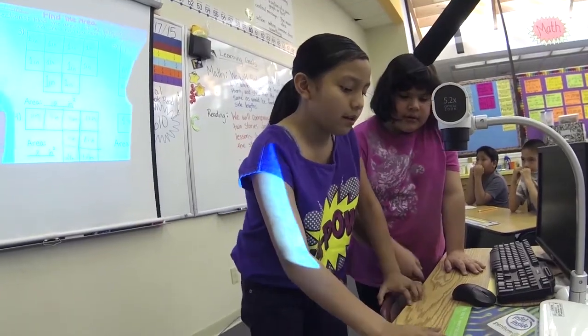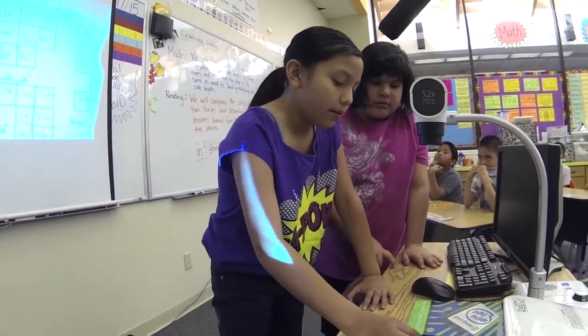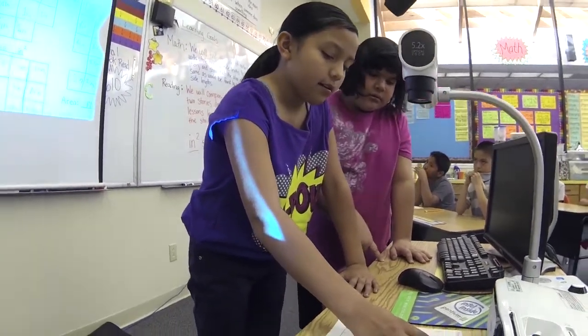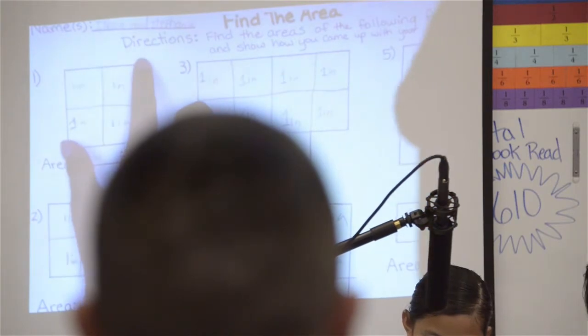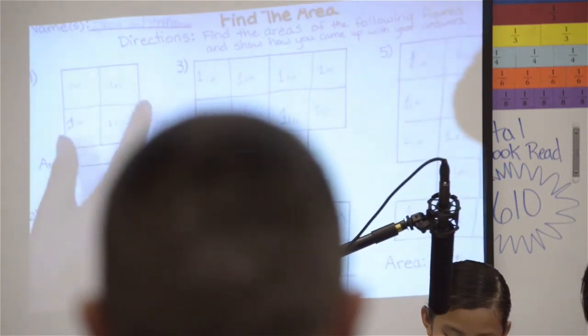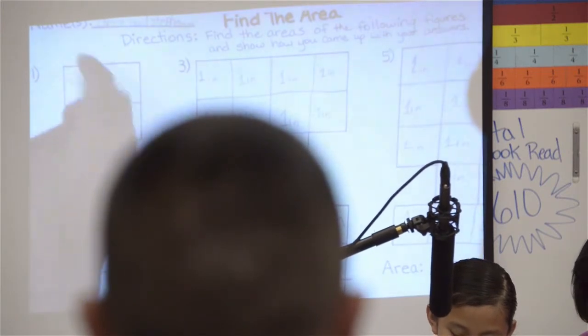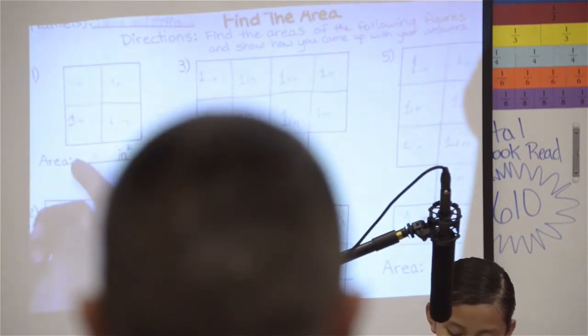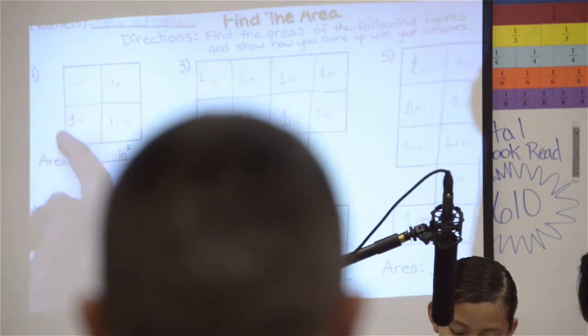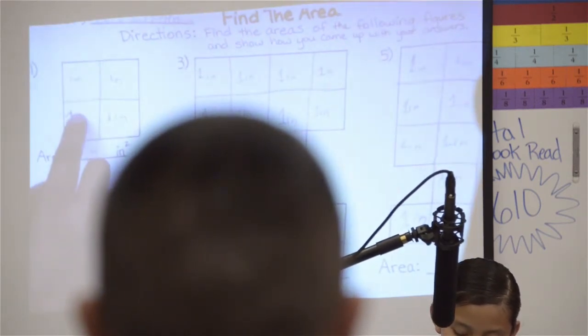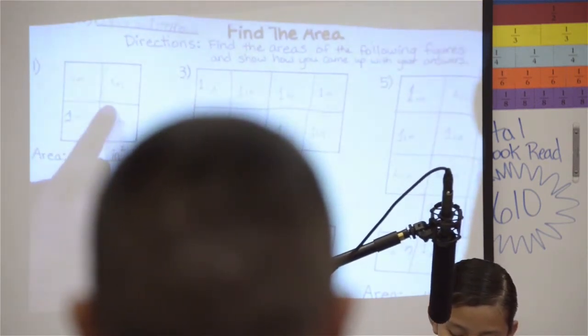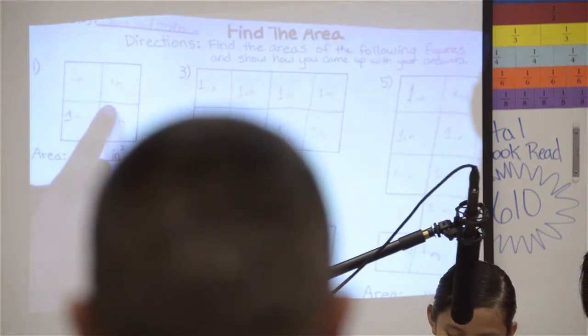When we were doing number 1, we noticed that number 1 was a square, and we split it in half, and we noticed there was one half from the square and the other half from the square.